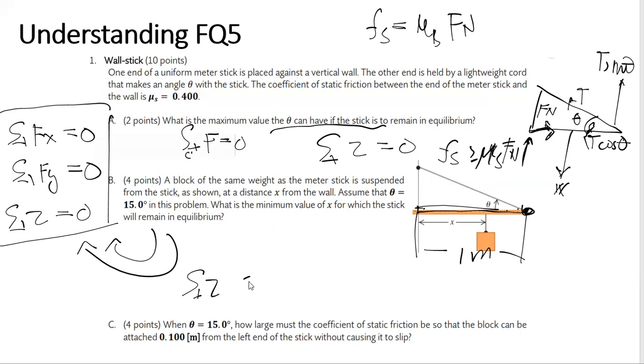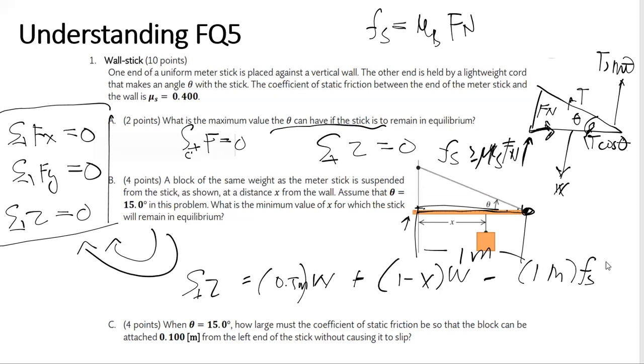So you have here halfway yung weight ng stick plus, relative to this point, you have 1 minus x times yung weight ng object mo minus lastly yung force of friction, you have here your 1 meter times your F sub S.